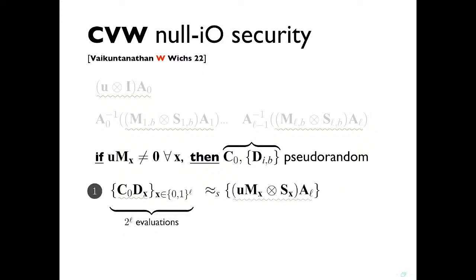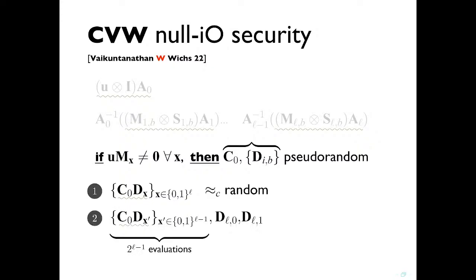It's not hard to see that, from our correctness analysis, this is exactly this expression over here, which decomposes into a product of a non-zero vector multiplied by a PRF. This is exactly the PRF, and this is pseudo-random. This is non-zero, so this is also pseudo-random. So the 2 to the L evaluations are pseudo-random.